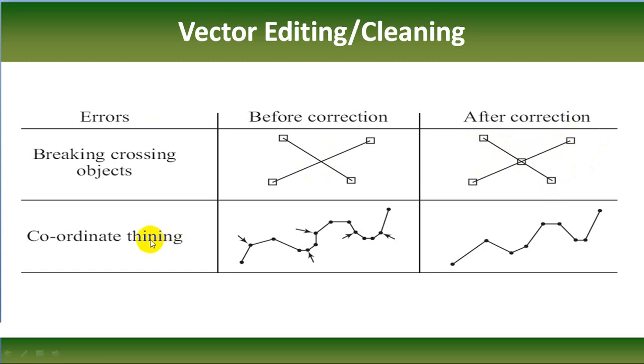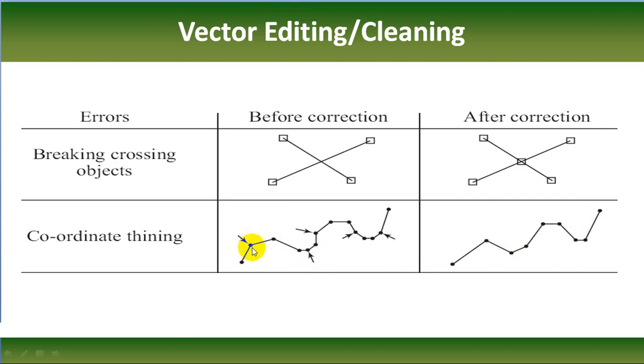Another one is coordinate thinning. If your line geometry contains extra vertices, you can remove them and make your line geometry simplified. For example, you can see those arrows; you can consider those the extra vertices. Those vertices we can remove.